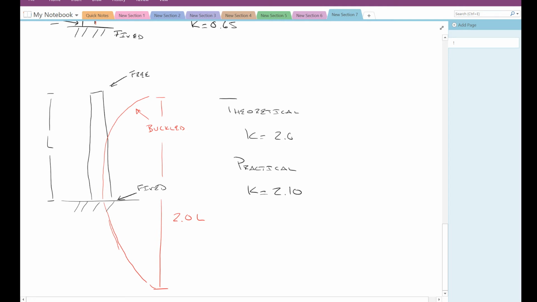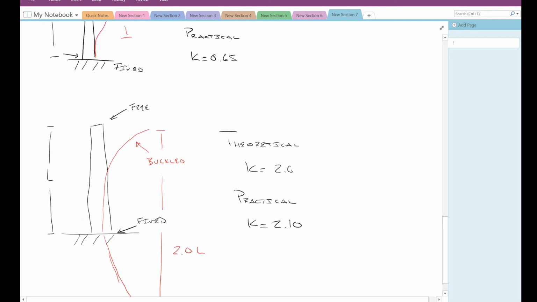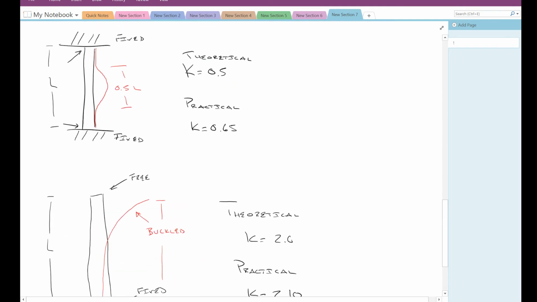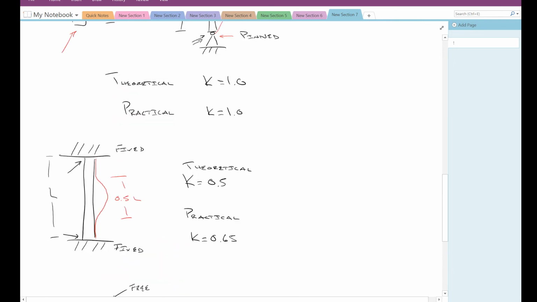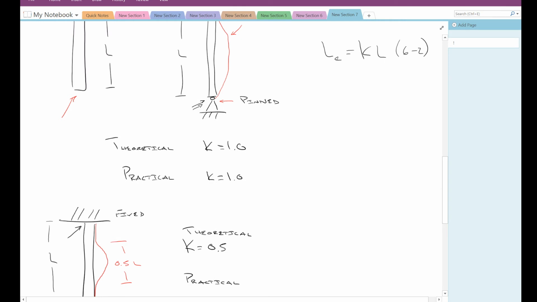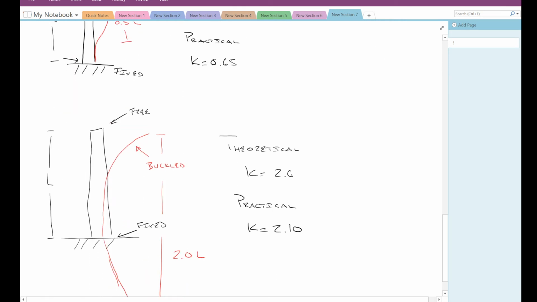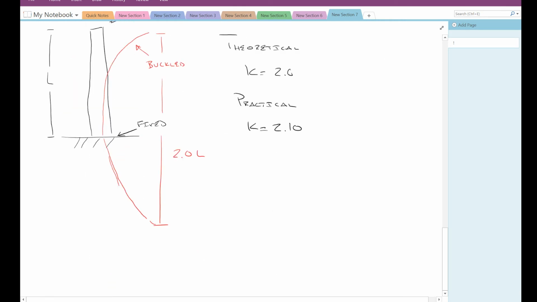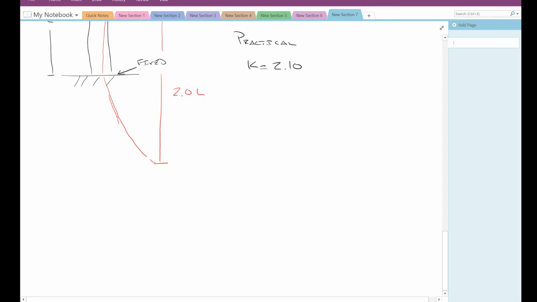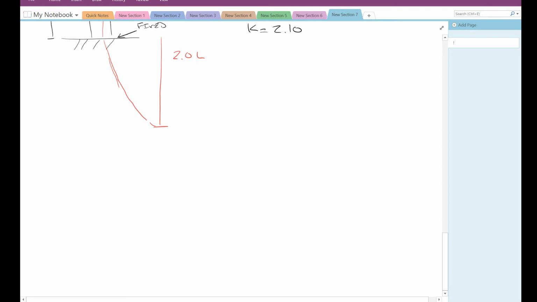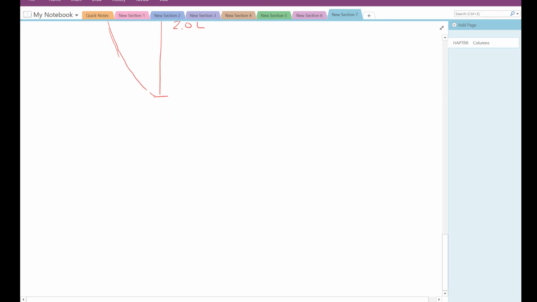All right, notice that these practical values for our fixed and our fixed free end are higher than our theoretical as we look at these, which generally denotes that we're being more conservative and more safe because we're increasing the effective length of our column and considering a worse case scenario, right?